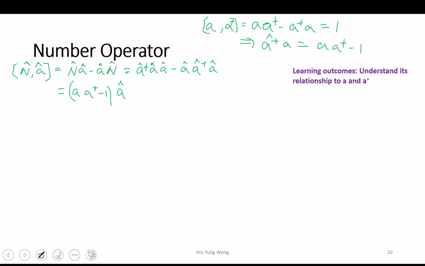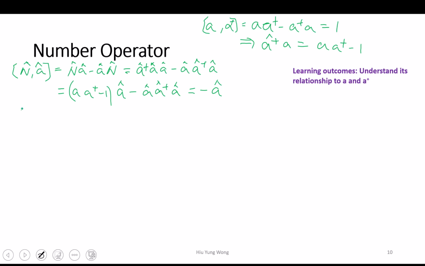Do you see what I'm doing? This is A dagger A times A minus A dagger A A. This one gives me A dagger A, right? It got cancelled. So eventually I get negative A. Their commutation gives me A, still an operator, but the negative of this annihilation operator.